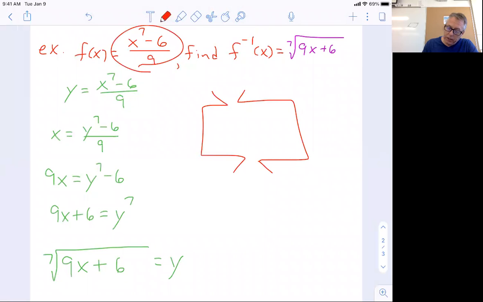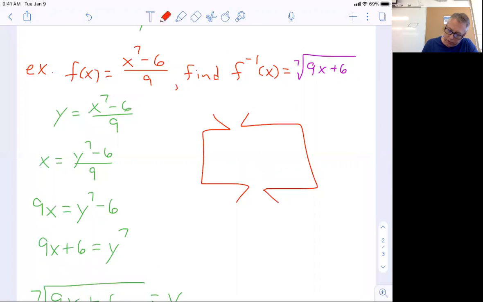If we plug something into here, follow the order of operations. The first thing we would do is the 7th power. Then we subtract 6. And then we divide by 9.